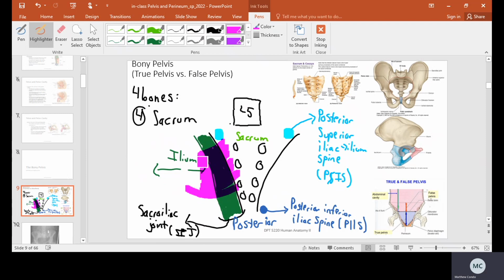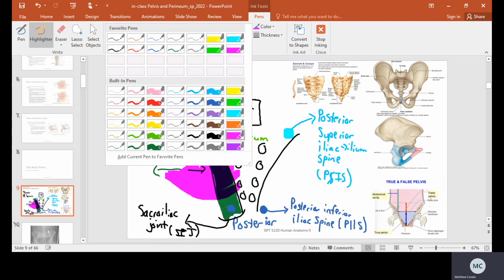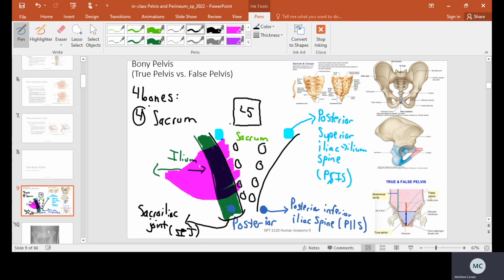And it literally comes out to like this big cone shape and attaches into the ilium this way. I'm running out of colors. This guy here is going to be the posterior sacroiliac ligament.